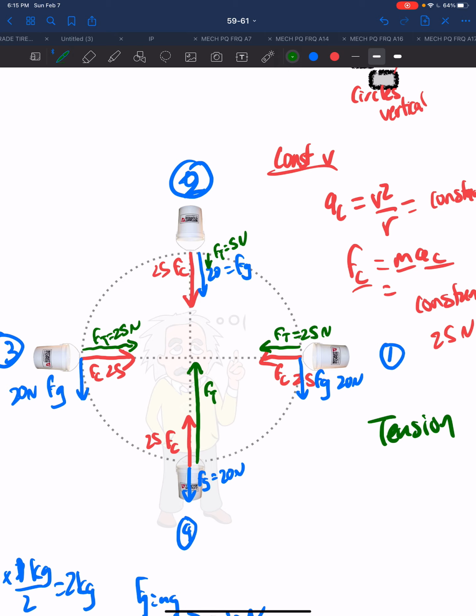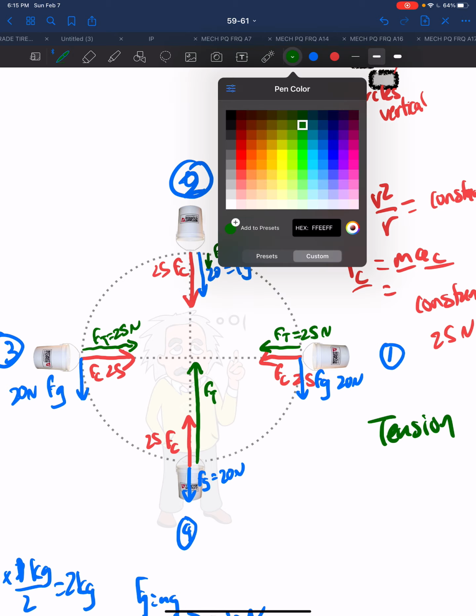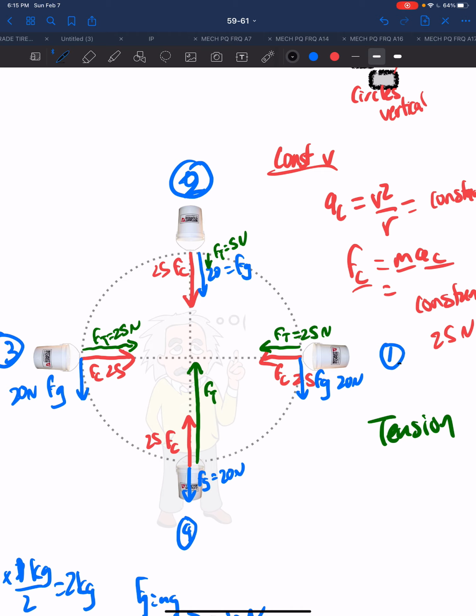Algebraically, we could write these as, at location 1, Fc equals Ft. At location 2, the centripetal force is Ft plus Fg. At location 3, we have Fc equals Ft.